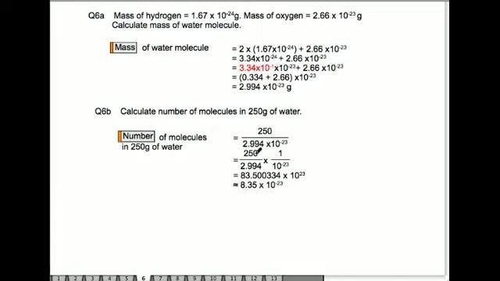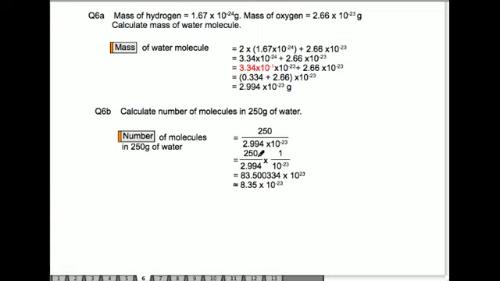To divide, we simply split the numbers such that we have 250 divided by 2.994, and the power of 10 is separated into 1 over 10 to the power of minus 23. Note that the power of 10 is in the denominator.